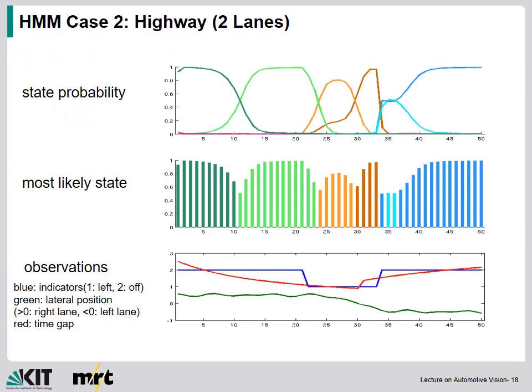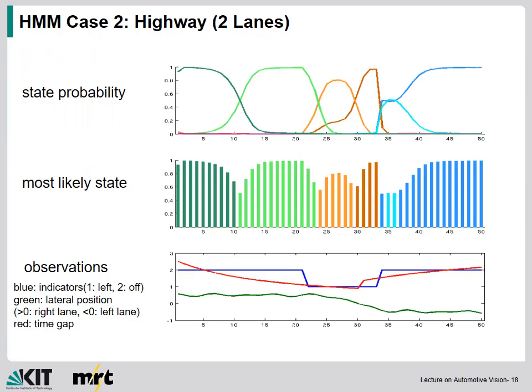So dark green, for instance, means the state of free driving on the right lane, and light green means the state of following a vehicle ahead on the right lane, and so on. So the same color encoding that you found on the slides before. And the plot in the middle shows the probability of the most likely state as a bar plot.